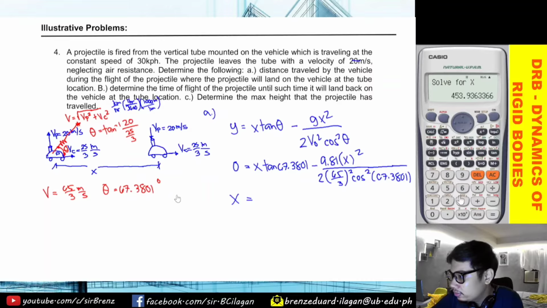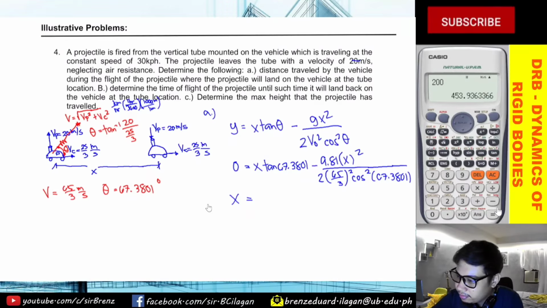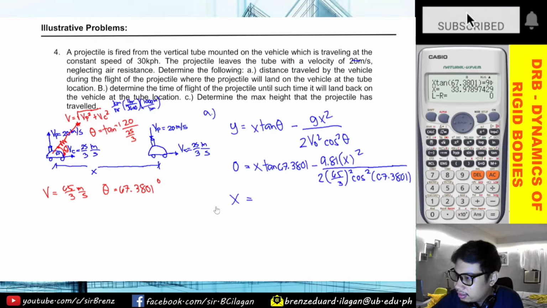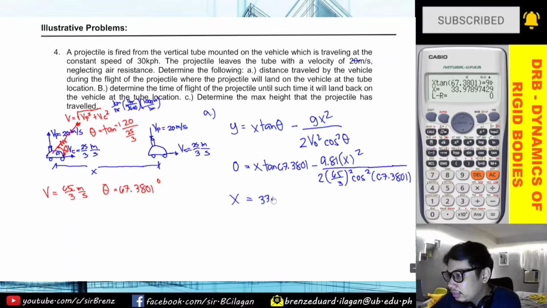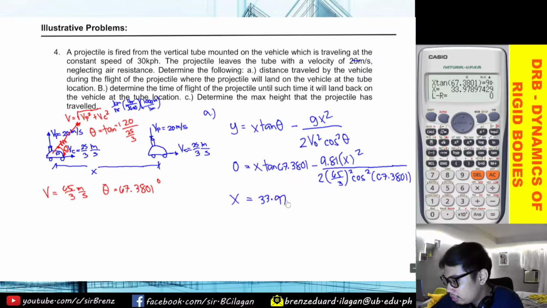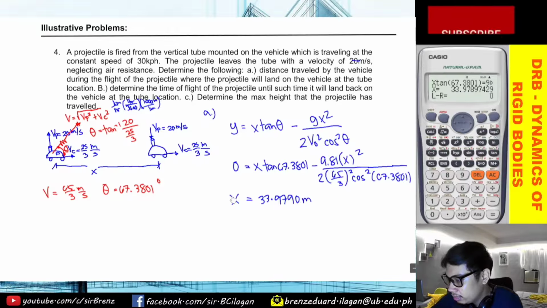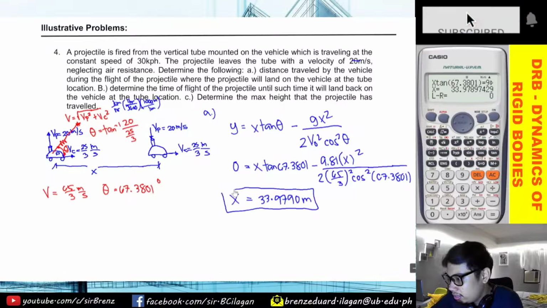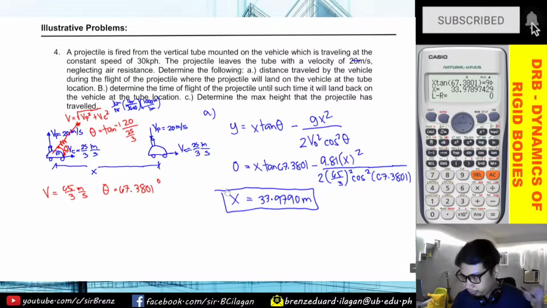Shift, solve, and put a value of 200. So 33.979. 33.9790 meters. Okay, so that is the answer for letter A.